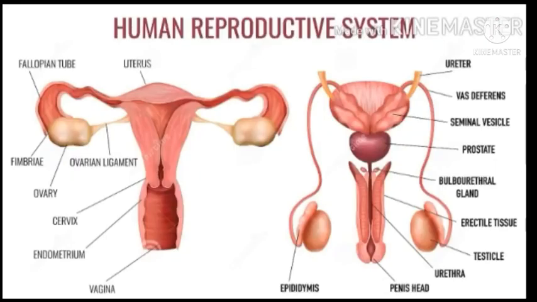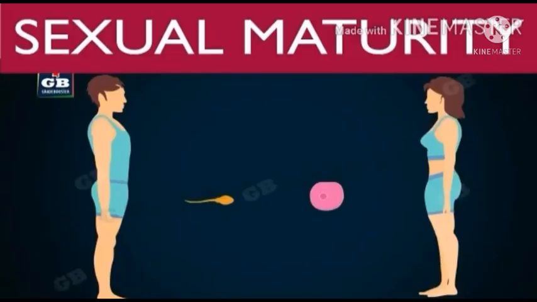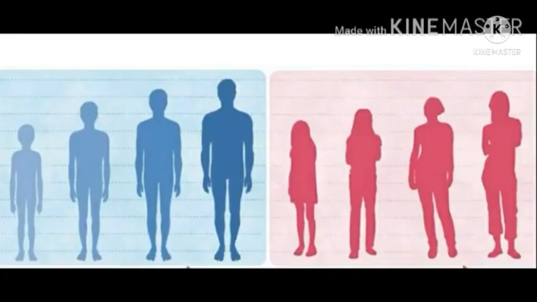Humans have a high level of sexual differentiation. The reproductive organs become functional after attaining sexual maturity. In males, sexual maturity is attained at the age of 13 to 14 years. In females, it is attained at the age of 11 to 13 years.